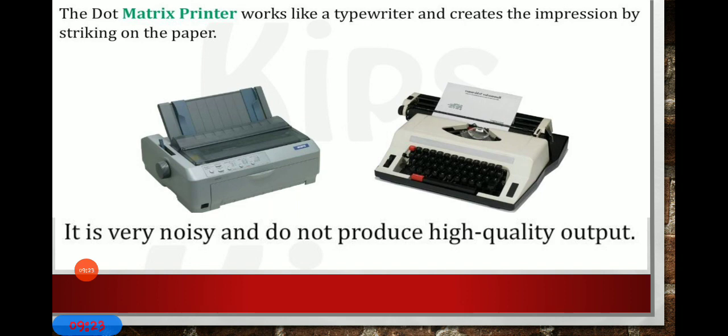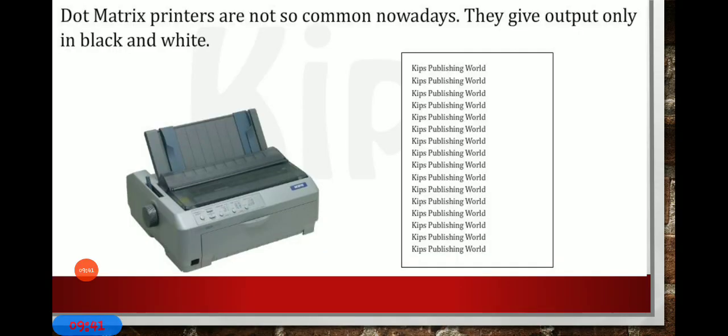But one disadvantage is that it is very noisy and does not produce a high quality of output. It means that you do not get a better quality hard copy on a paper. Okay, it is noisy also. Now the next one is that dot matrix printers are not so common nowadays.